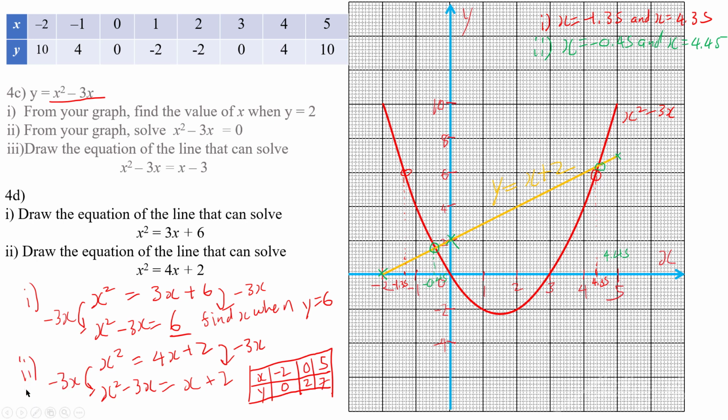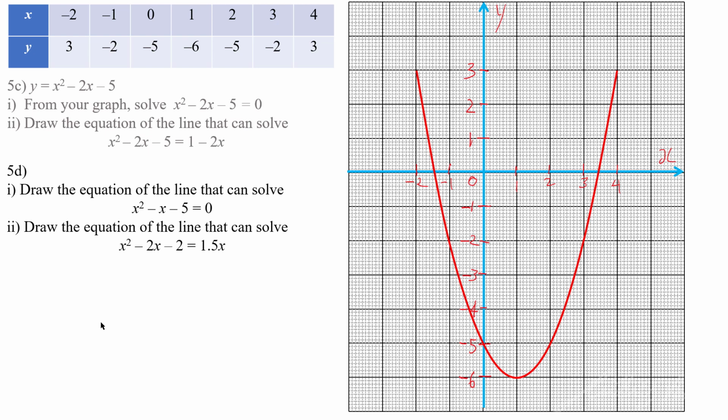Okay, so it is not a far cry from what you have learned earlier, just that you need to manipulate the equation a bit to convert the left hand side into the original equation. So let us look at our question 5, part D. Draw the equation of the line that can solve x squared minus x minus 5 is equal to 0.